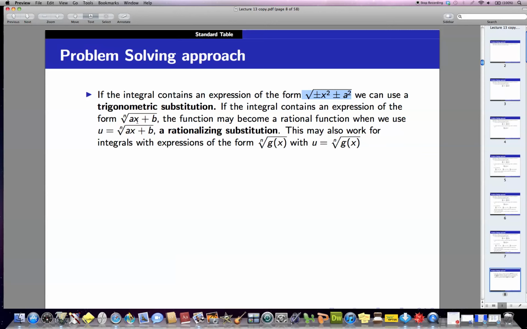If your integral contains something like this, the nth root of some function, then sometimes you can convert to a rational function by making the substitution u equals the nth root of g of x. And we studied this when we studied rationalizing substitutions.